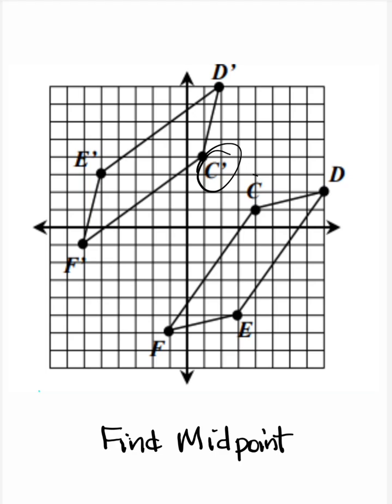So right here at C is probably the best one to look at. So we're going to look for the midpoint of the pre-image and the image C prime. Okay, so let's look at that real quick. So the midpoint looks right about there.